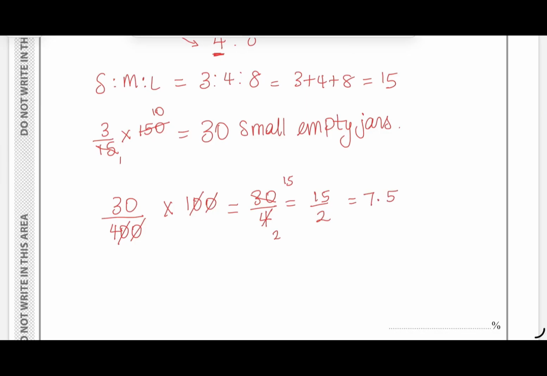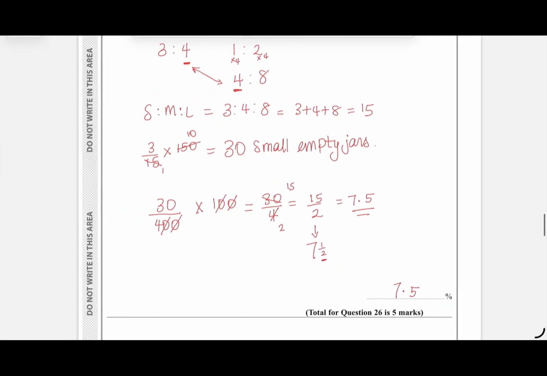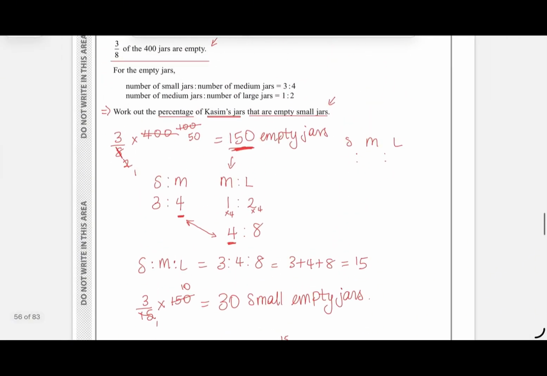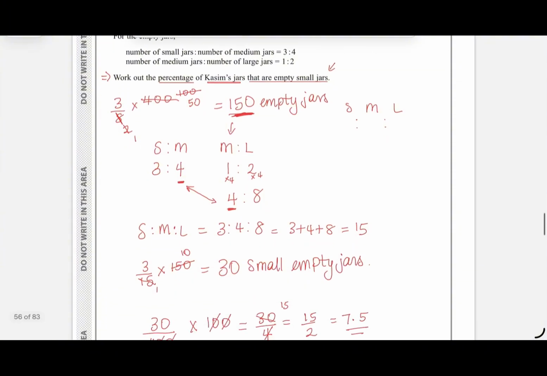Because if we look at it as a mixed fraction, it is 7 whole number 1 over 2, and we know 1 over 2 in decimal is 0.5. So you could put it in decimal form as 7.5. So 7.5% of the total number of jars that Kasim has are empty small jars.